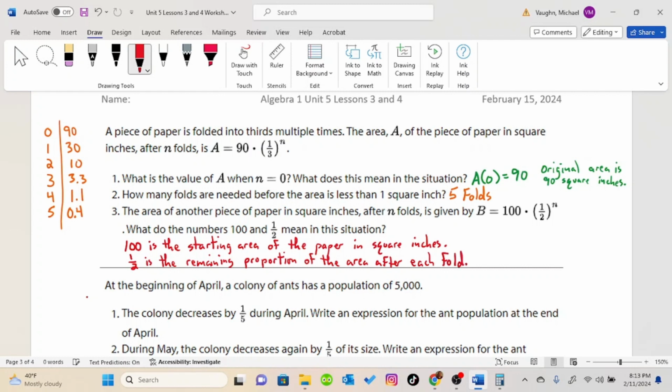So this says we're taking a piece of paper that is 100 square inches and we're folding it in half. And then we're folding it in half again. And every time we fold it in half, that's what a factor of 1/2 represents.